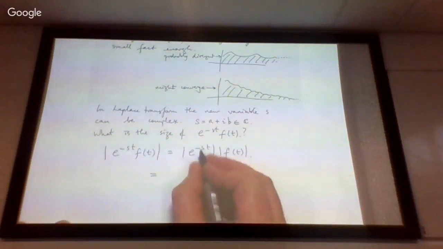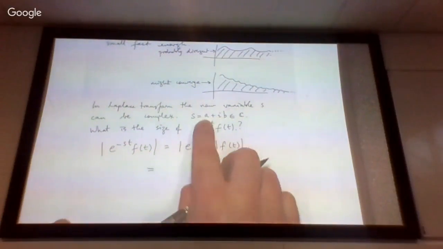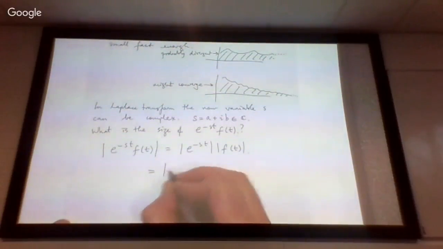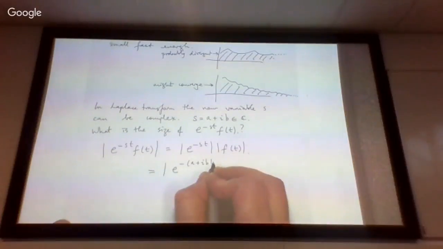And what we want to look at is how the size of the exponential depends on its real and imaginary part. Okay, so this is going to be the absolute value of e to the minus (a plus ib) t.